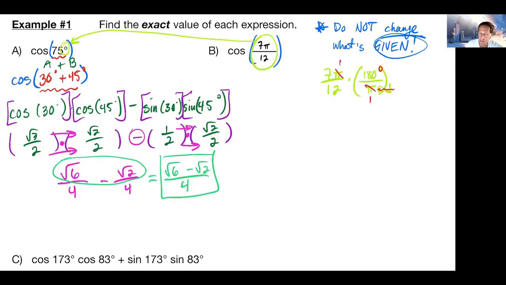So either punch this in your calculator or you can divide by 6 really easily. 6 goes into that twice, 6 goes into that 3, and then 0 times, and then 2 goes into 30, 15. So I have 15 times 7, which I know 7 times 10 is 70, and 7 times 5 is 35, for a total of 105 degrees.